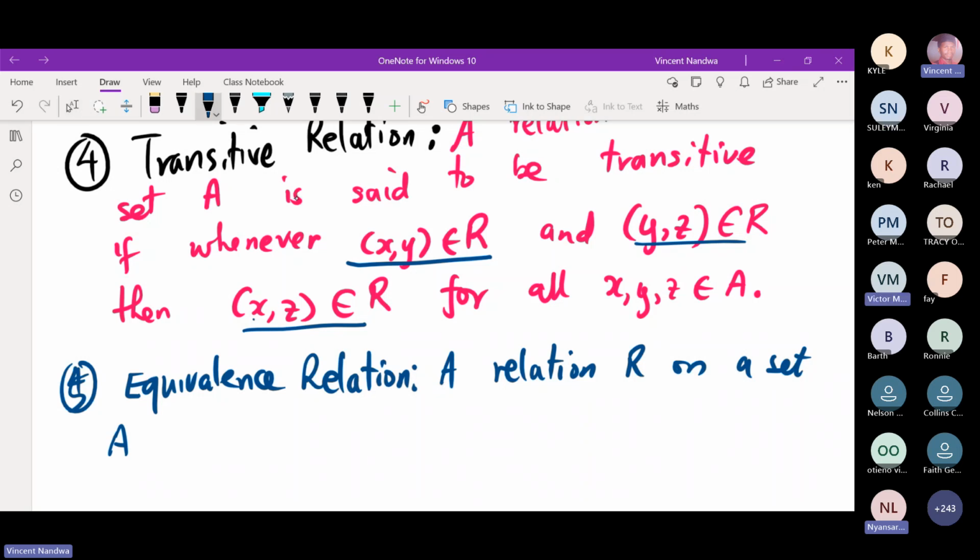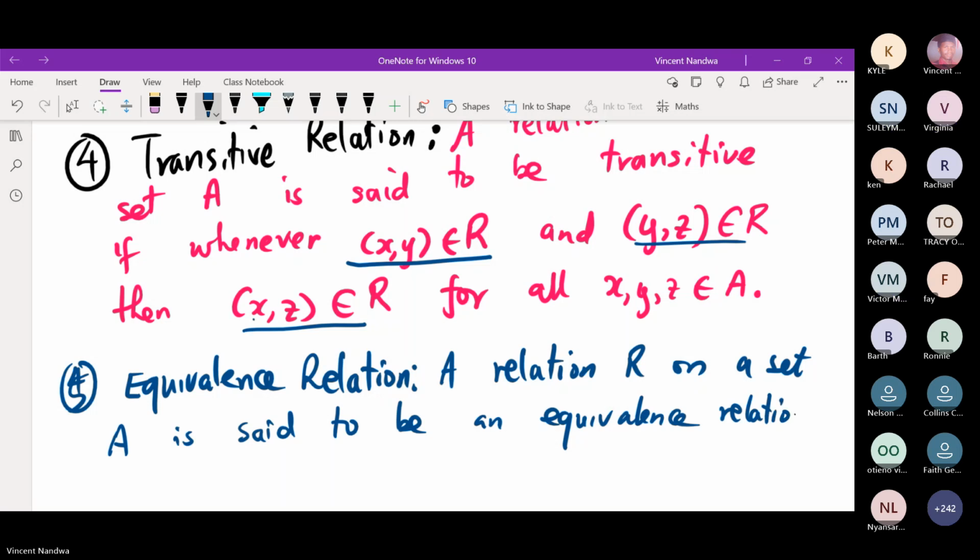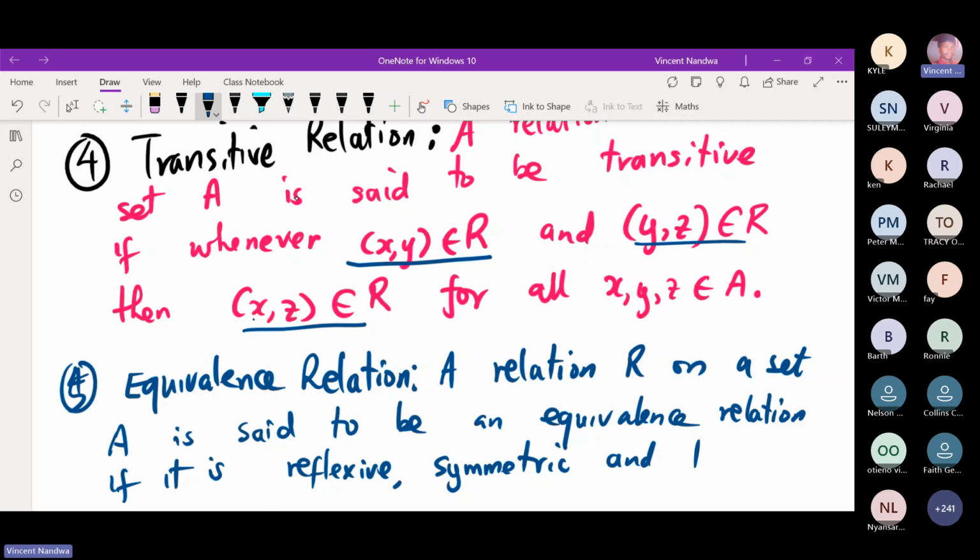So an equivalence relation. A relation R on a set A is said to be an equivalence relation if it is reflexive, symmetric, and transitive.